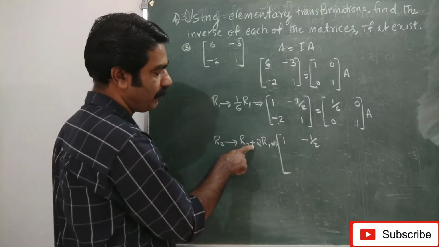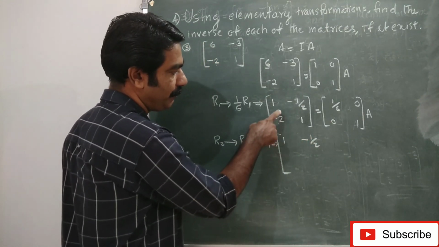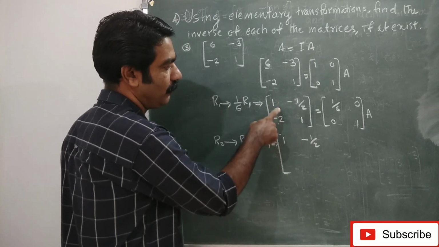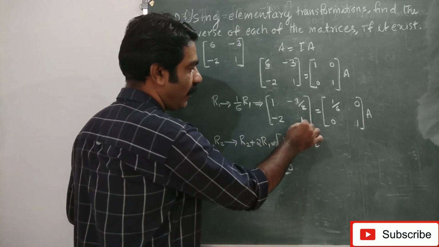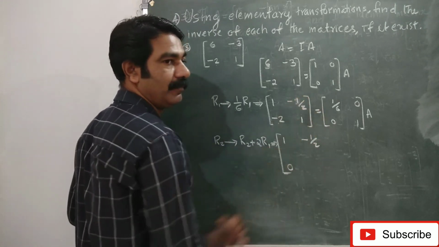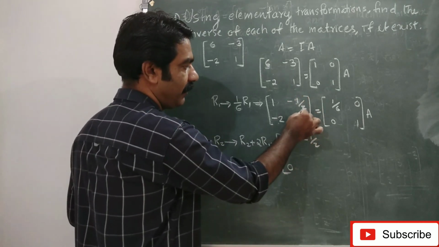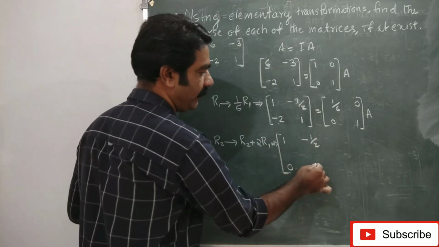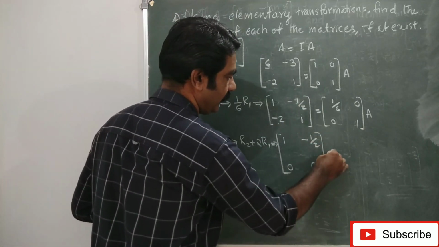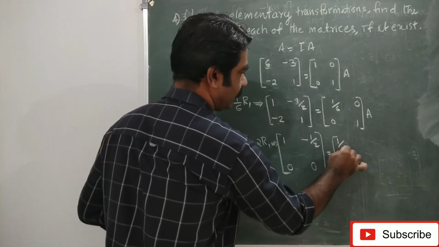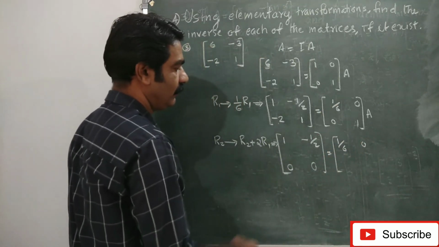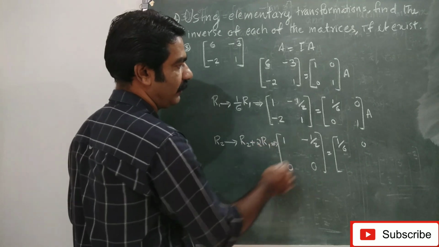Now R2 plus 2R1: minus 2 plus 2 into 1. Minus 2 plus 2 becomes 0. Here 1 plus 2 into minus half again becomes 0, is equal to, here 1 by 6 and 0.